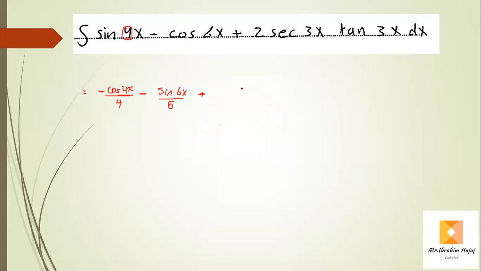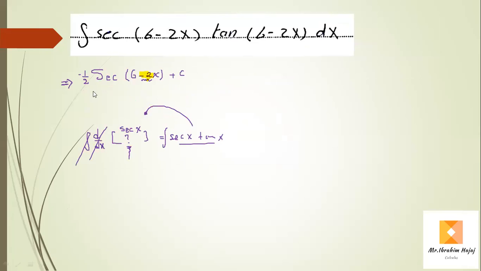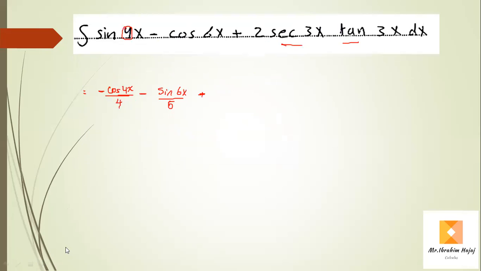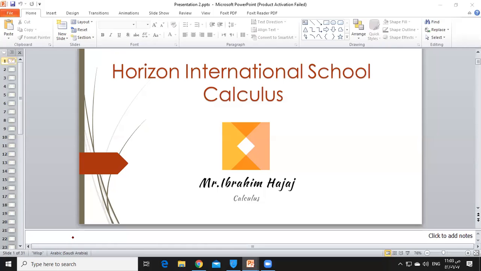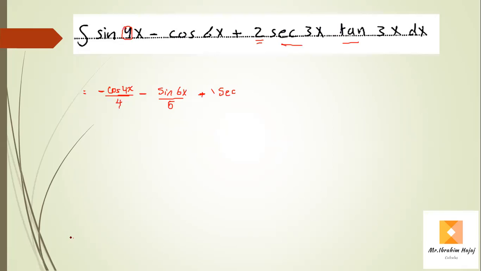Plus, the secant tan. We said this with Walid Maher, and its integral is secant. So it is 2 secant 3x over 3, we must divide by 3, plus c.